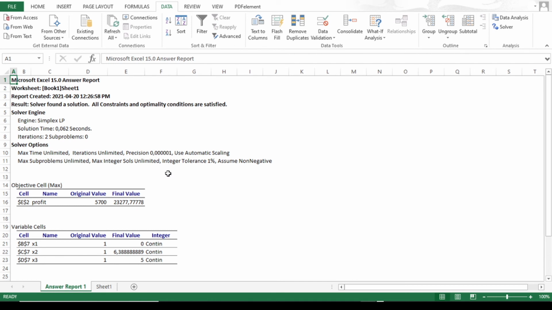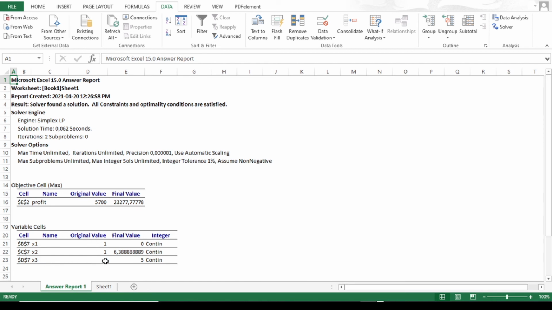So here you can see that by setting the original values for x1, x2, and x3 equal to 1, the original value for my objective function was 5,700 rands, and then the final value, the optimal value, the maximum value for my profit is 23,277 rands.